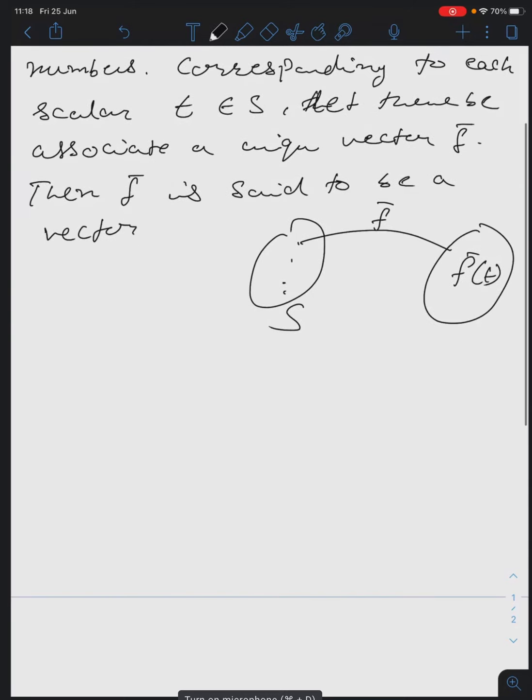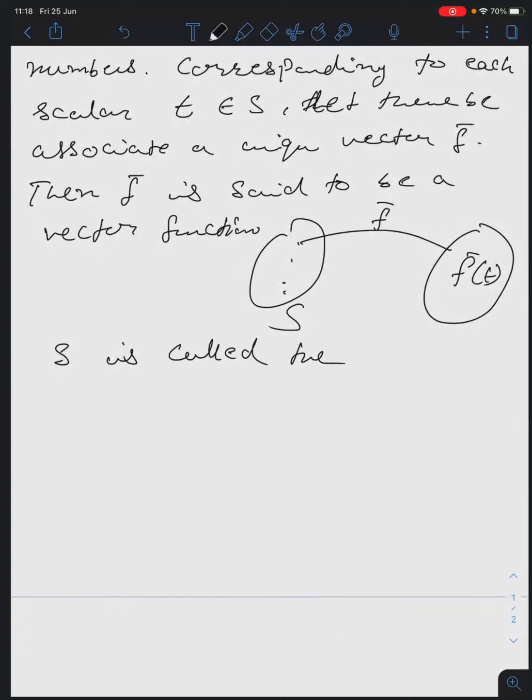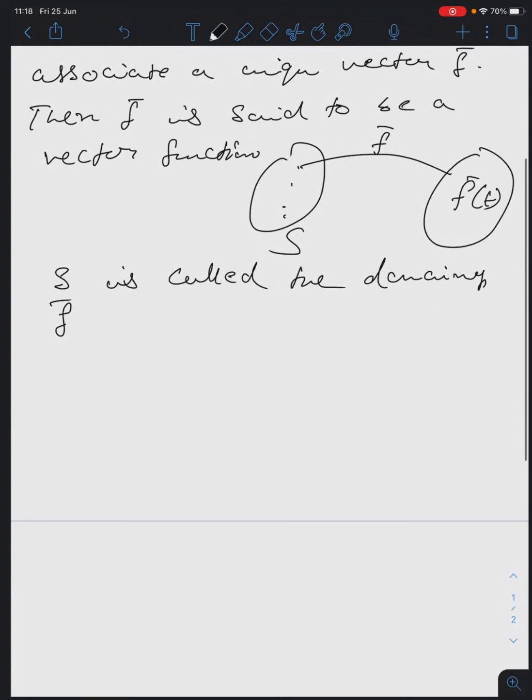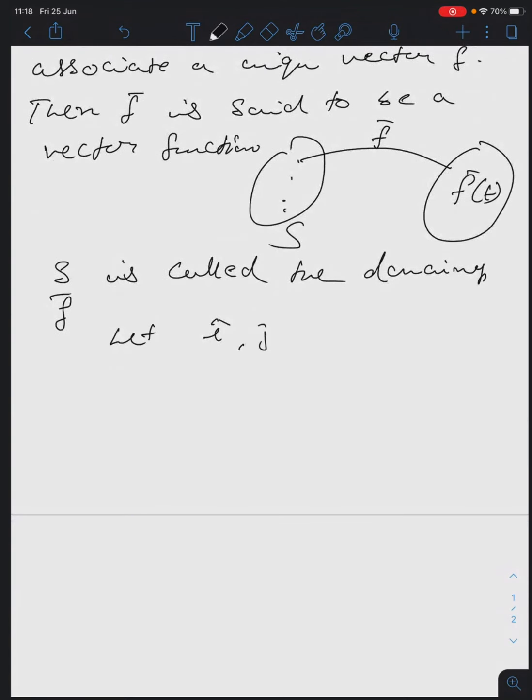Here F bar is called a vector valued function, or you can simply write vector function. S is called the domain of F bar. Similarly, suppose you have I cap, J cap, K cap.